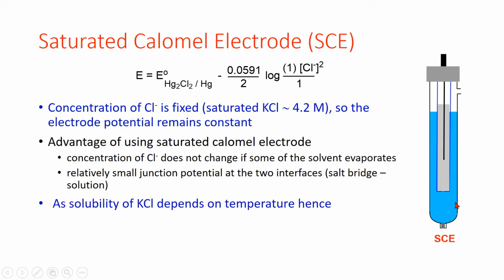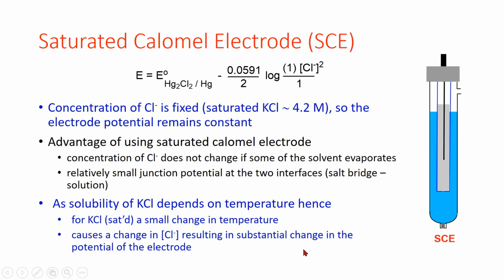As the solubility of KCl depends on temperature, hence KCl saturated, a small change in temperature will cause a change in concentration of chloride ion that can result in a substantial change in potential of the electrode.